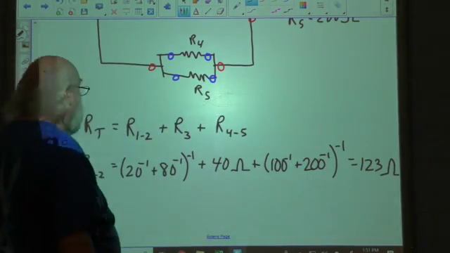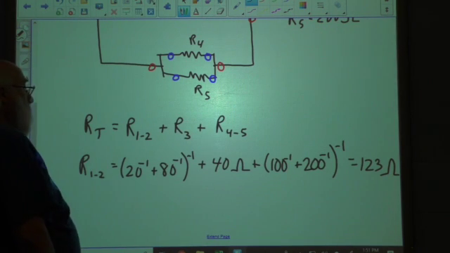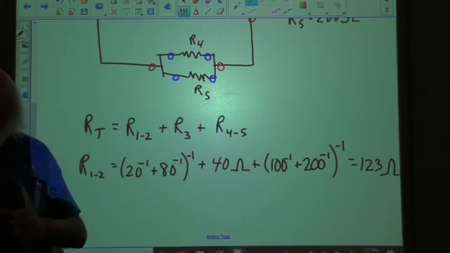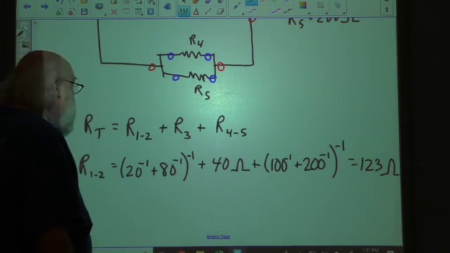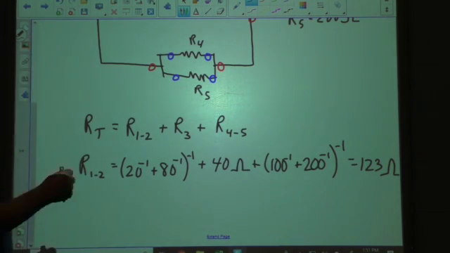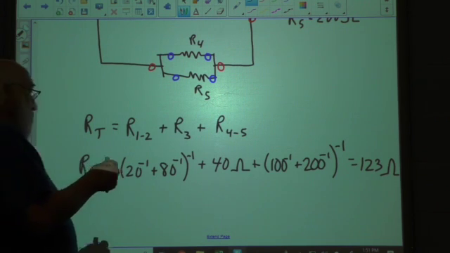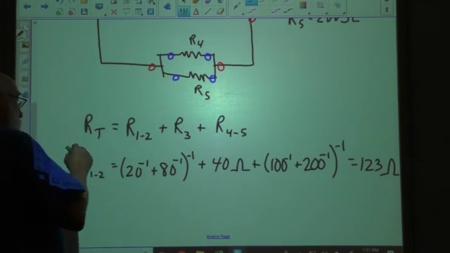Okay, and so since we have that, we can now find the total current, because that's the total resistance.